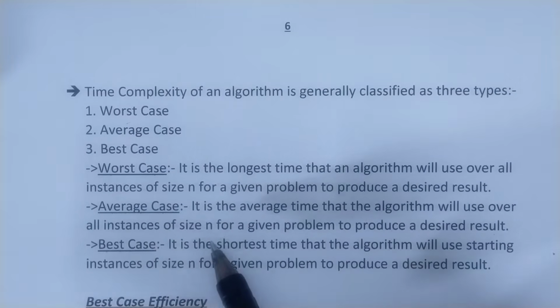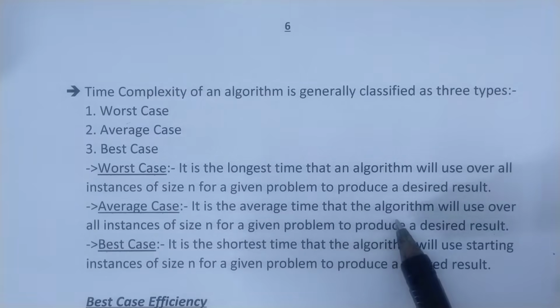Average case time complexity is the average time that the algorithm will use over the instances of size n for a given problem to produce a desired result. And lastly, the best case time complexity is the shortest time used by an algorithm over all instances of size n for a given problem to produce a desired result.